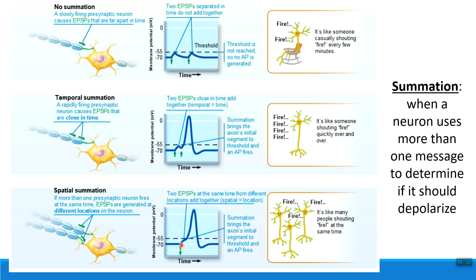And they changed my membrane charge enough that I did hit threshold and I get all the way positive. So the second way for me to add messages together, spatial summation, is like multiple different neurons all saying the same message. They're all saying, fire, fire, talk to your neighbor. That's spatial summation.